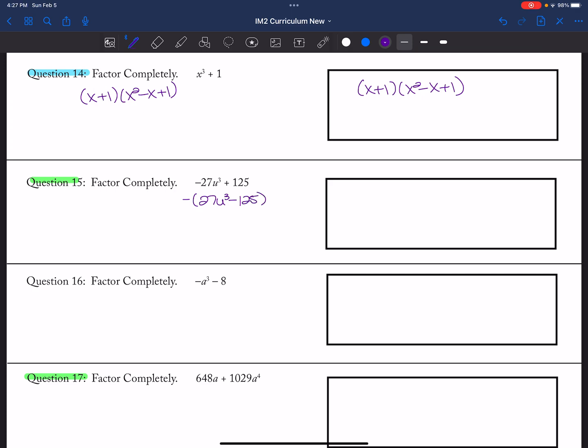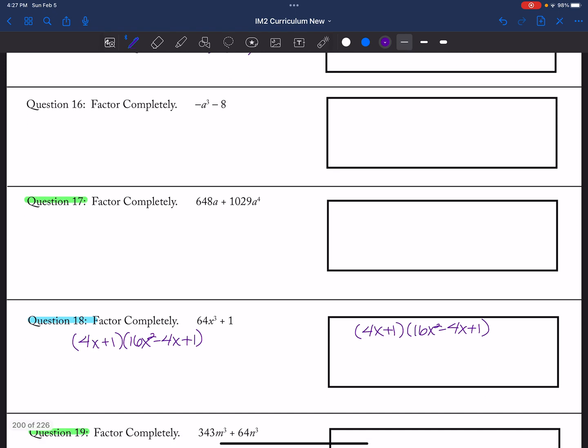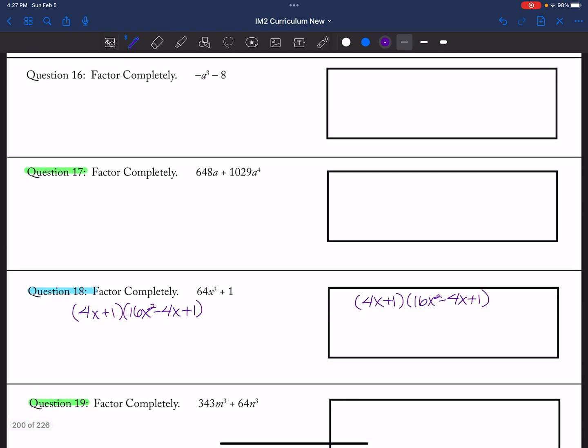So then that's negative 3u minus 5, 9u squared plus 3u times 5 plus 25. So negative 3u minus 5, 9u squared plus 15u plus 25. Okay.